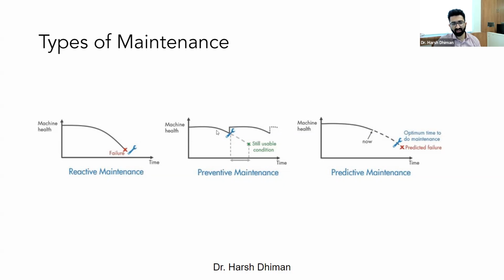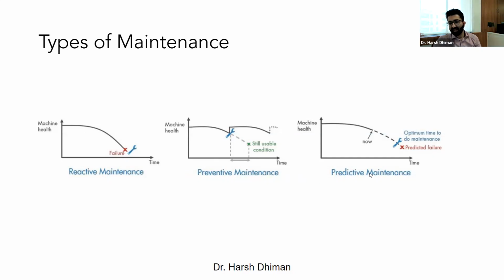As you can see in the second graph for preventive maintenance, you have taken a decision to take out your machine here, where there is a mechanical symbol of a gear, and then your condition improves. Once your condition improves, you can still use it for a larger amount of time. If you had continued to use your machine, it would have failed at this time where the cross is marked, right? But you have taken some decision and then it continues to run for a longer time. So this is one example of preventive maintenance.